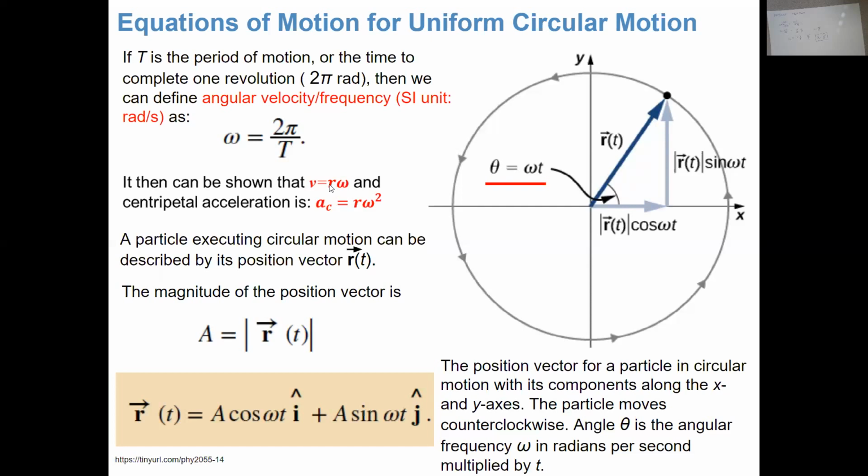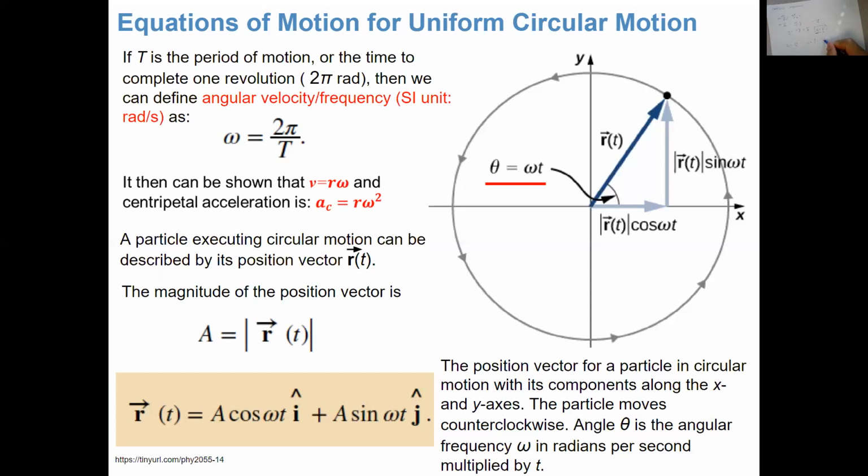Omega is equal to 2 pi over T, but for velocity, it's going to be equal to the distance traveled over time T. If we take T as one period, then the distance traveled should be the circumference of the circle, so it's 2 pi times r over T.